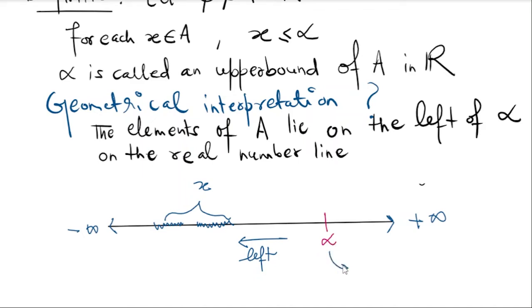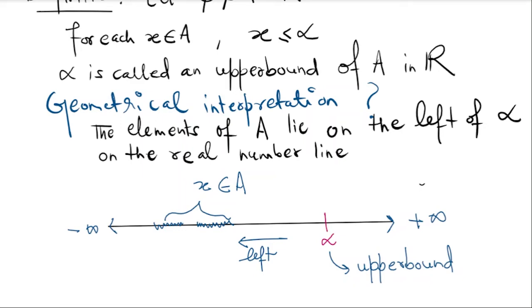So in this case, when all the elements x are coming from the set A, in that particular case, such an alpha is said to be an upper bound of set A. I hope this is clear to you.